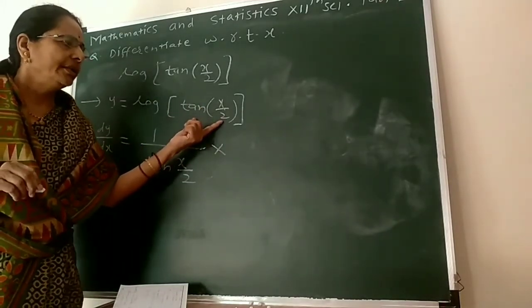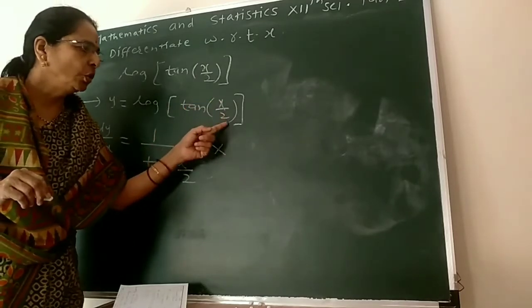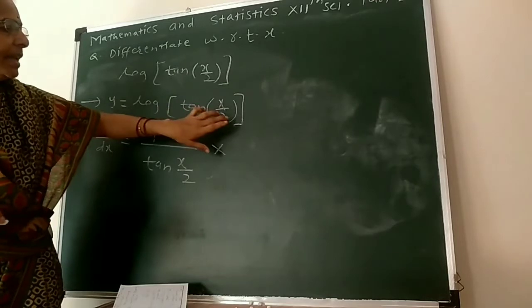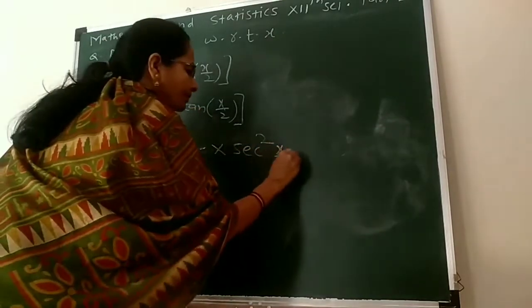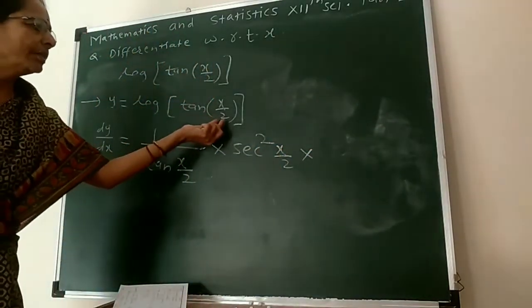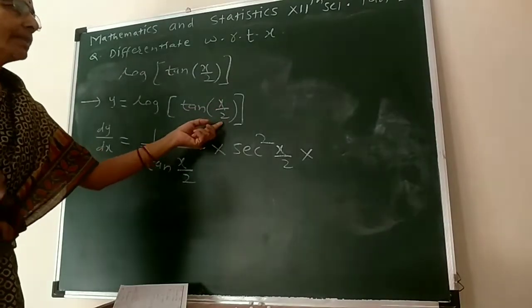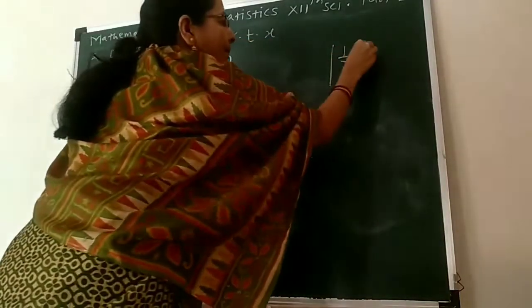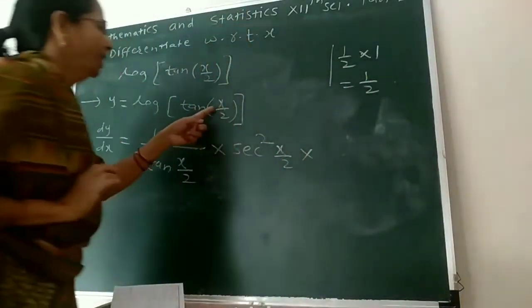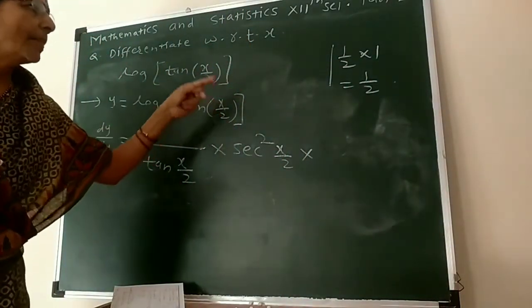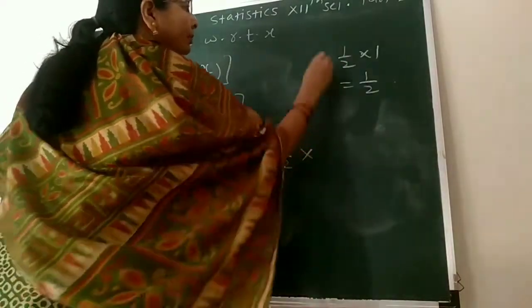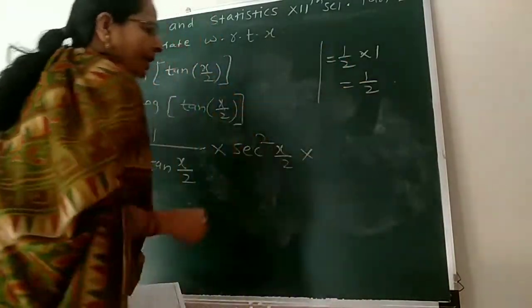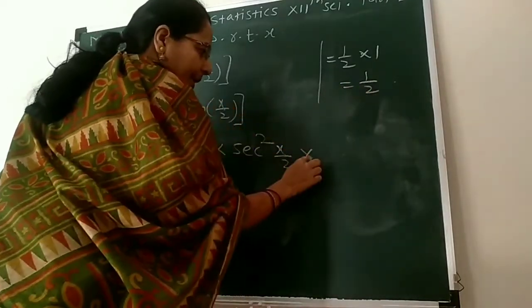But this is again a composite function, tan x by 2, suppose this is x, tan x derivative is sec square x, so sec square x by 2, multiplied by derivative of this value, which is 1/2, since outside derivative of x is 1, so finally it is 1/2.